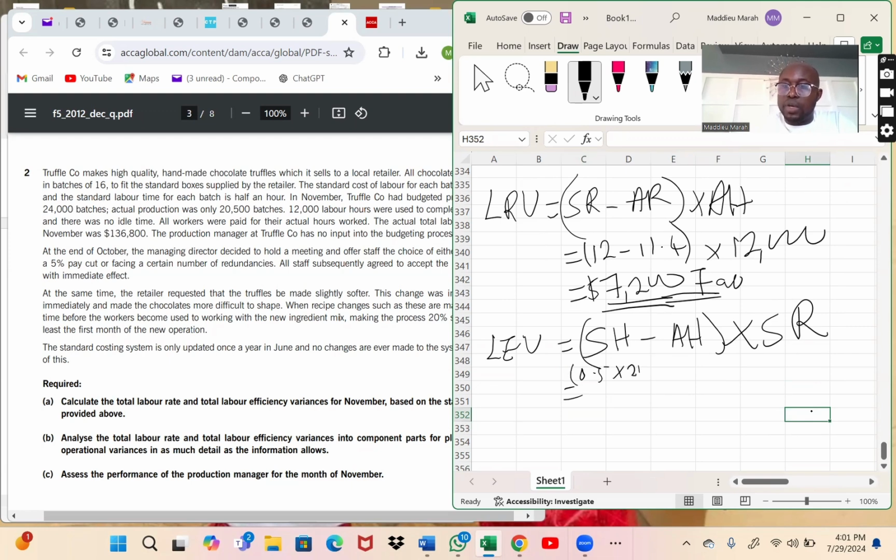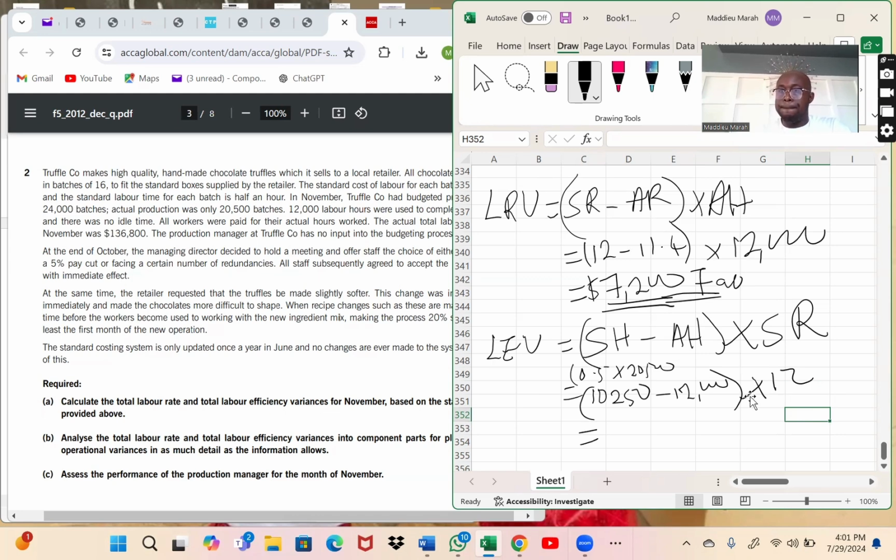Actual production is 2,500. So 0.5 times 2,500 gives us 10,250. 10,250 minus actual hour, 12,000, times standard rate, 12.